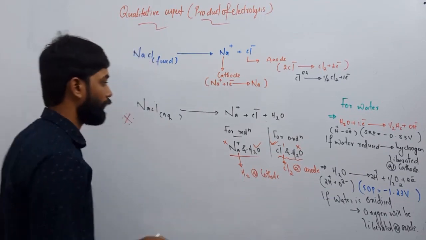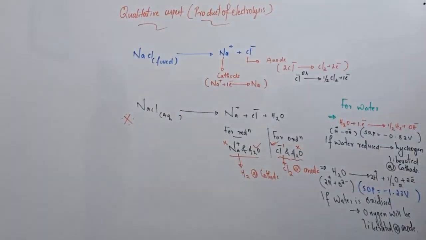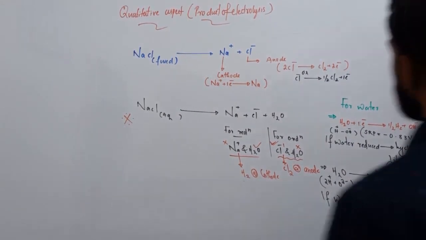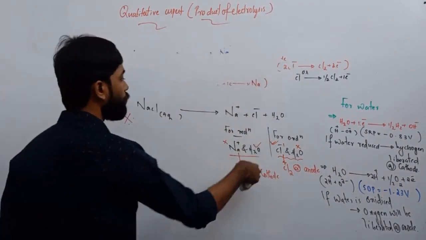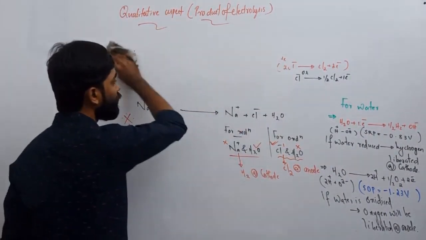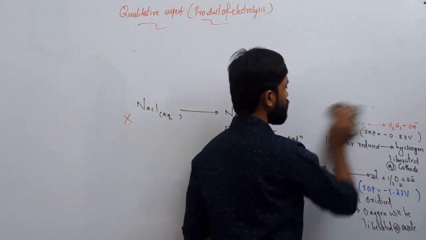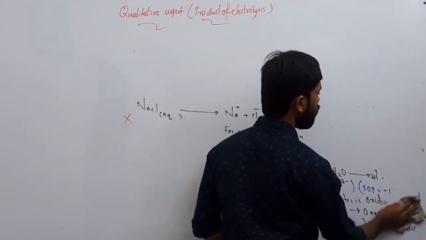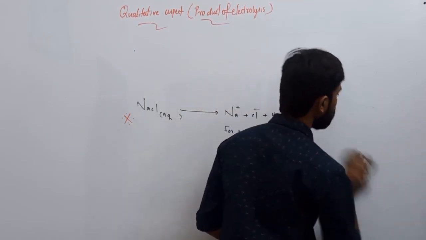Okay, fine. So for that, let me show some points. This is the most important case, and questions may be asked from here. I'll give you some supporting points, and then only we can predict which goes to the anode and which goes to the cathode.